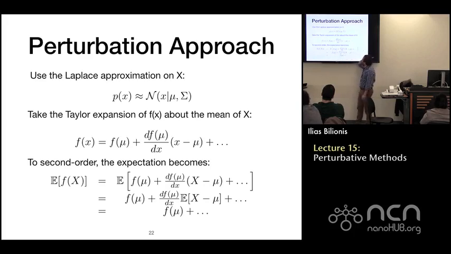This is a scalar, it just gets out of the expectation, and you get the expectation of this thing, but the expectation of this thing is 0, because the mean of x is mu and you're subtracting mu here, so you get mu minus mu, 0. So to first order, the expectation of f of x is just f of mu.